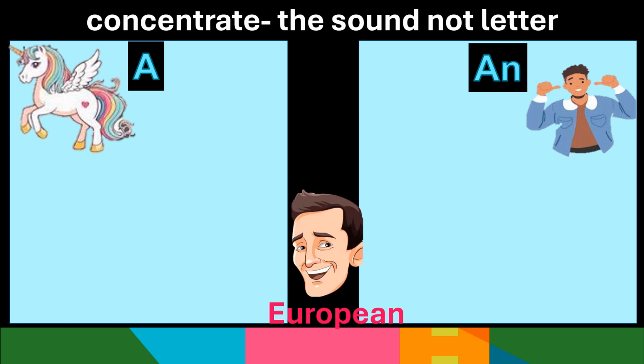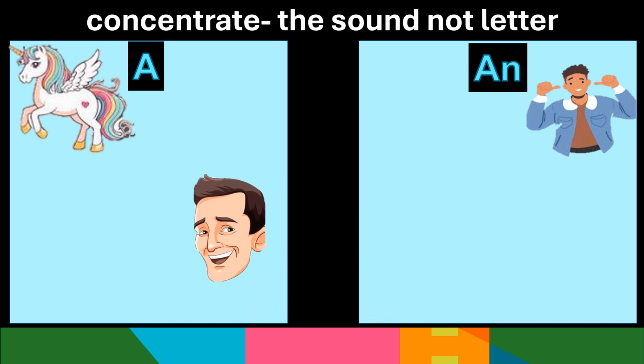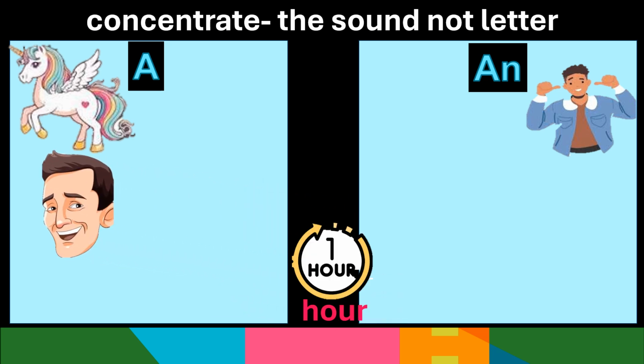Next example, European. The word European starts with letter E, which is a vowel. But its pronunciation starts with Y, European. So, a consonant sound is there. It's not starting from a vowel sound. So, we will add article a. Next example, he waited for dash hour. Pronunciation is starting from a vowel sound.